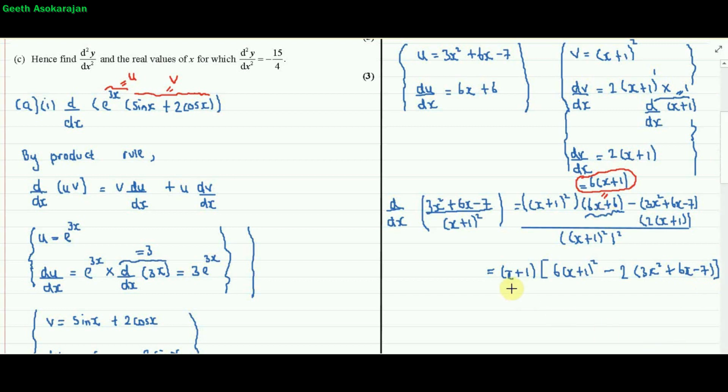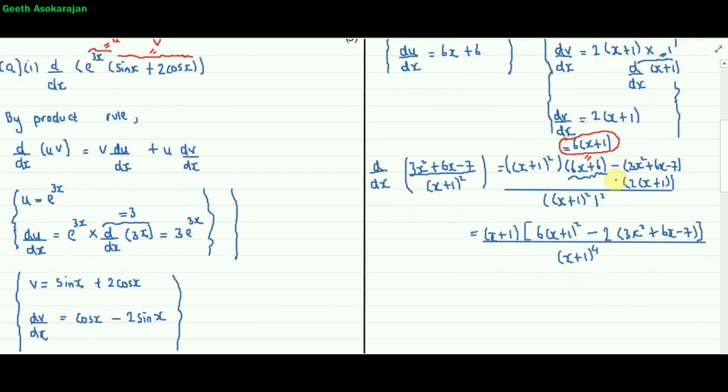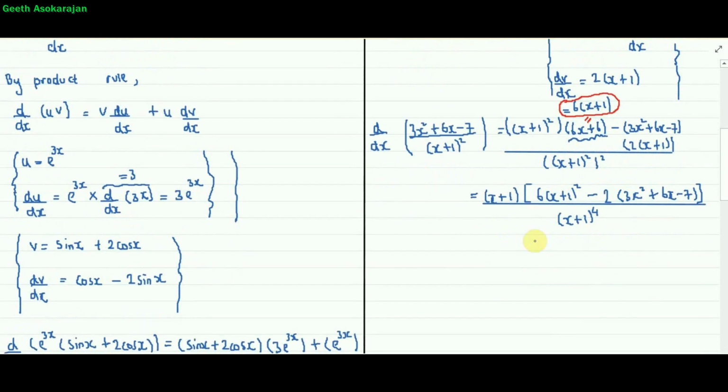All divided by x plus 1 to the power 2, to the power 2. So squared to the power 2 is a power 4. This is what we'll get as a result of taking a common factor of x plus 1.